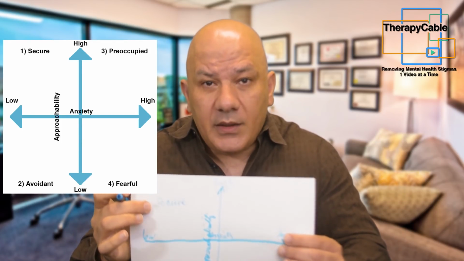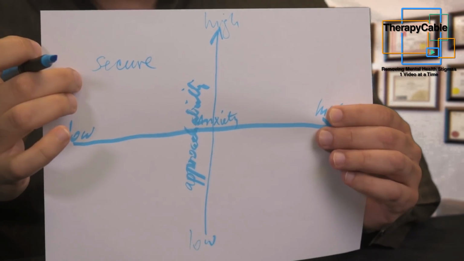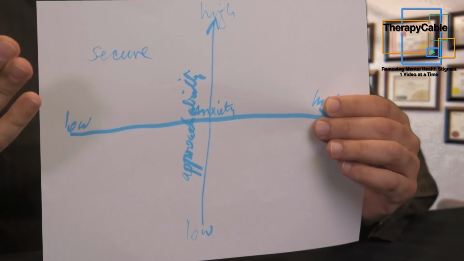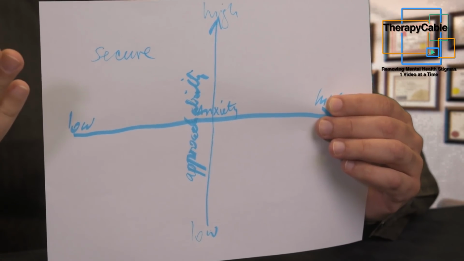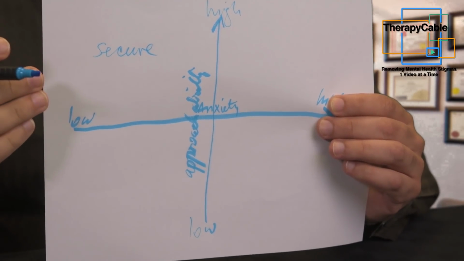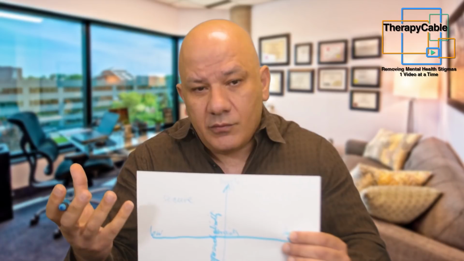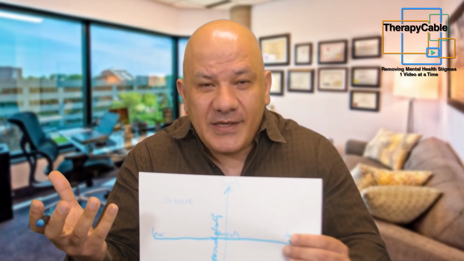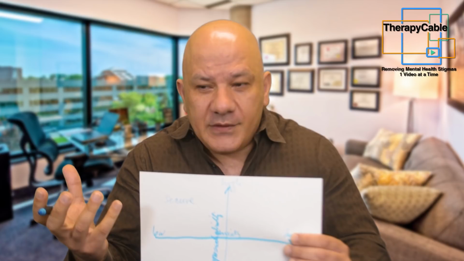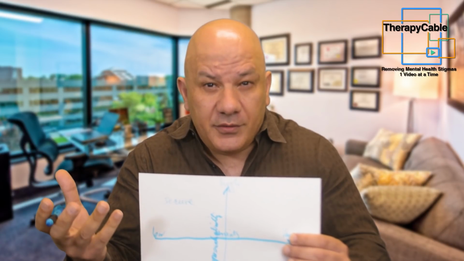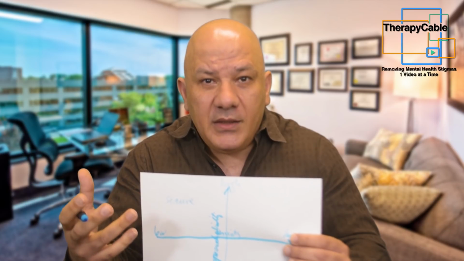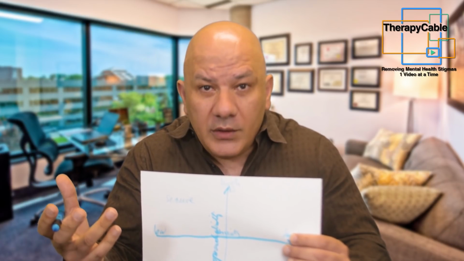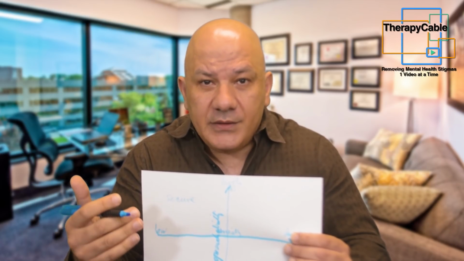attachment. The secure attachment also has two components. We already referred to one component as a secure base, which, as the label says, is an initial kind of beginning ground, like a ground zero, where everything is safe, everything is fine.